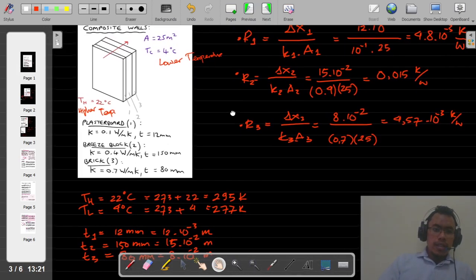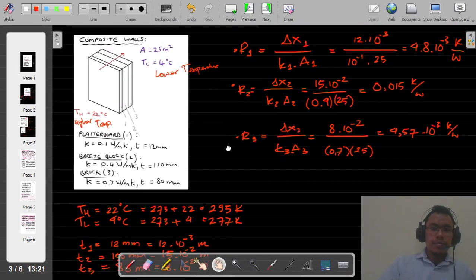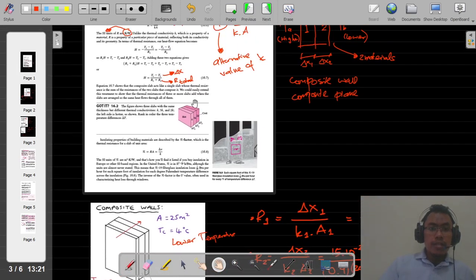And then we are going to find the value of the heat transfer.